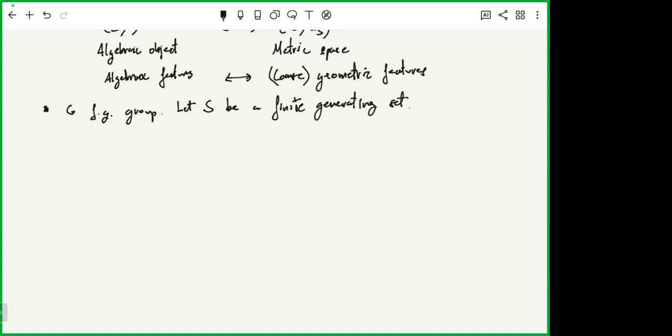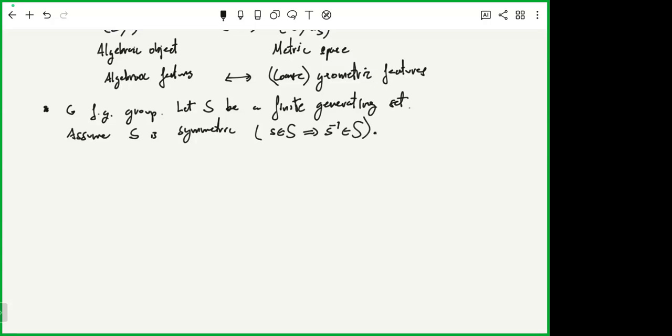We can assume S to be symmetric. This means that if I take an inverse of an element of S, this is still in S. I can always consider such a generating set just by adding every inverse manually.